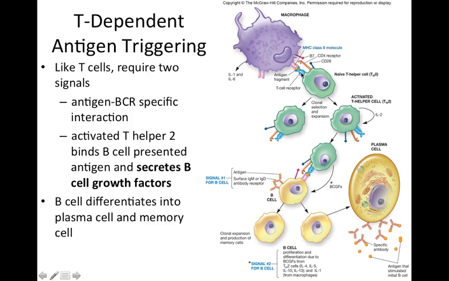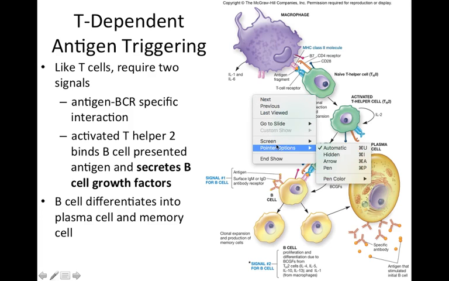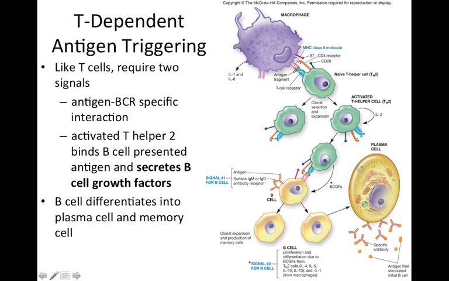So the T cell receptor on the T helper cell recognizes antigen in the context of MHC class 2. And what helps recognize that MHC class 2 is CD4 on that T helper cell. So that's signal 1 to activate that T helper cell.